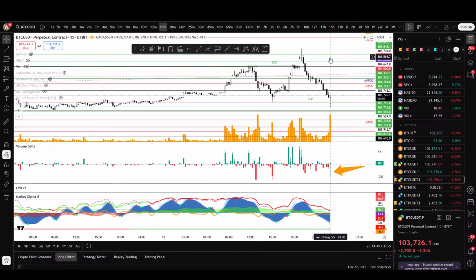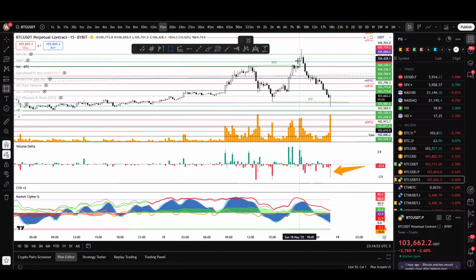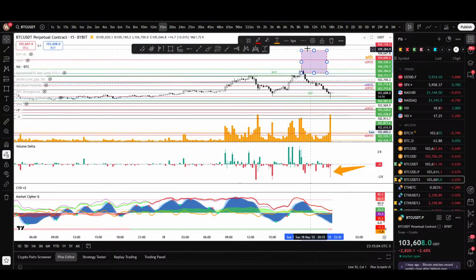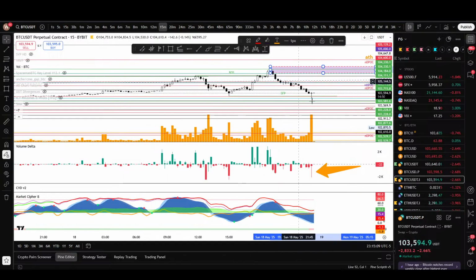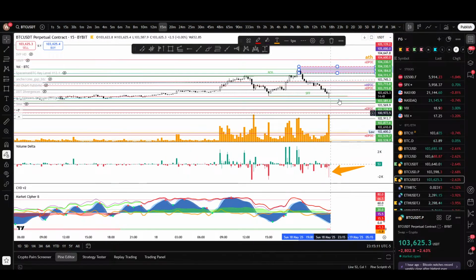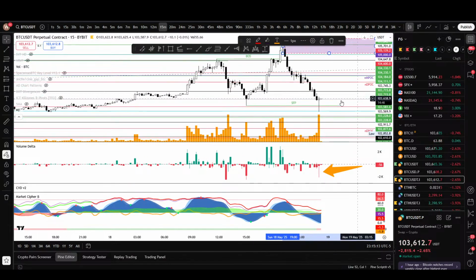I don't see any reasons why this couldn't come back up at least to retest this order block here, because it's unmitigated. So look for that SFP low to hold, and then we should be able to come up a little bit.